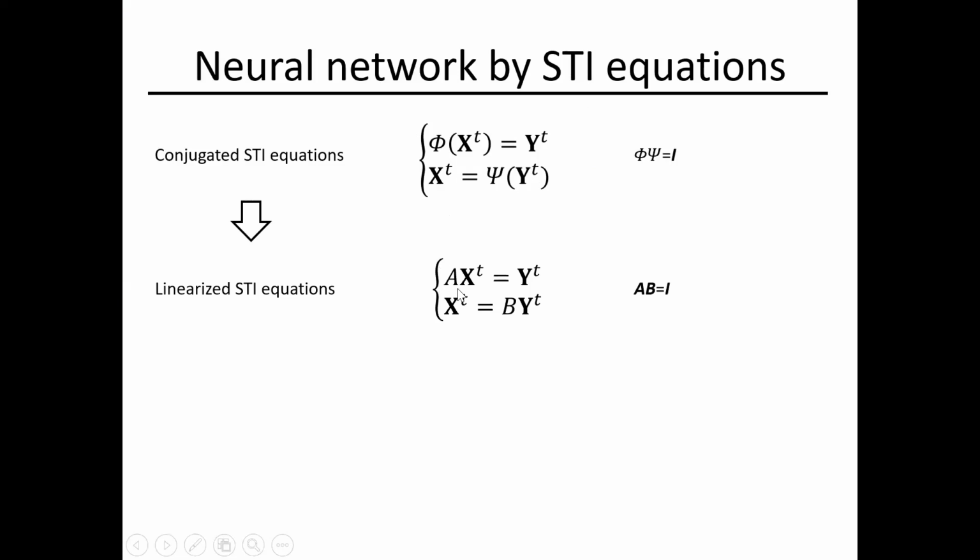But as I showed you, the linearized STI equation can be easily solved. We linearize phi as A and linearize this phi as the B matrix, and so we can solve these linearized equations. But accuracy is a problem. It's not accurate because our system is nonlinear.